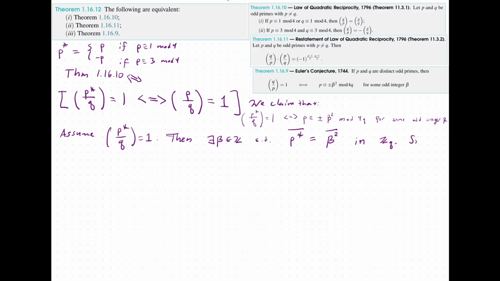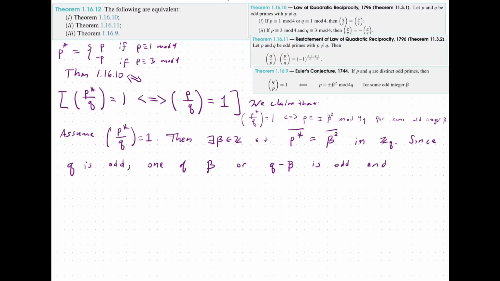So since P is odd, since Q is odd, one of beta or Q minus beta is odd.